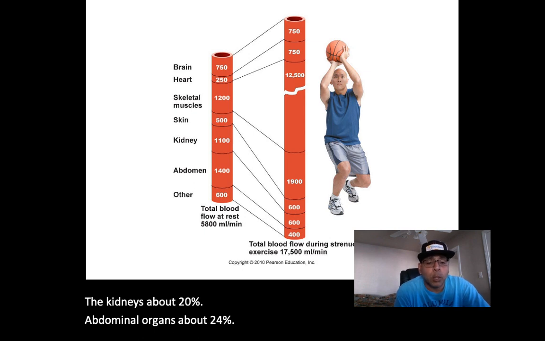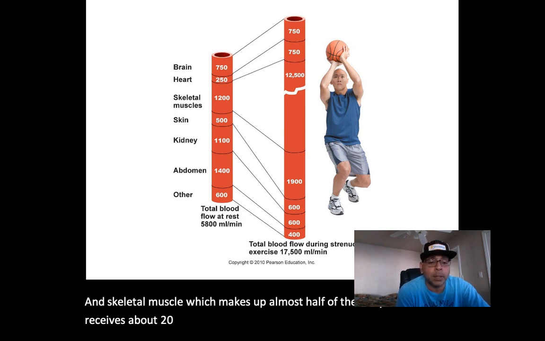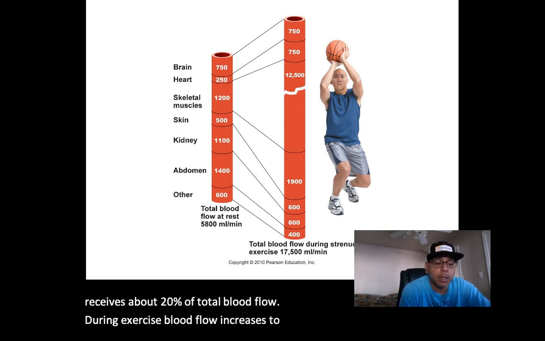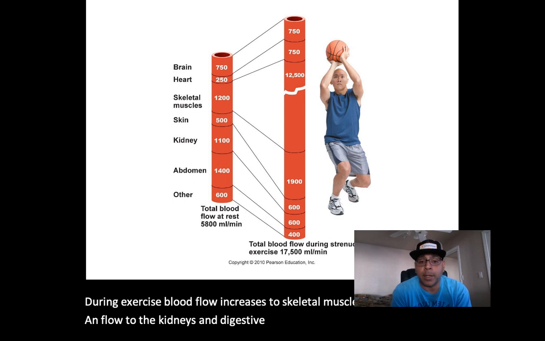And skeletal muscle, which makes up almost half of the body's mass, receives about 20% of total blood flow. During exercise, blood flow increases to skeletal muscles, and flow to the kidneys and digestive organs declines, obviously. And you can see that here in this picture as well.